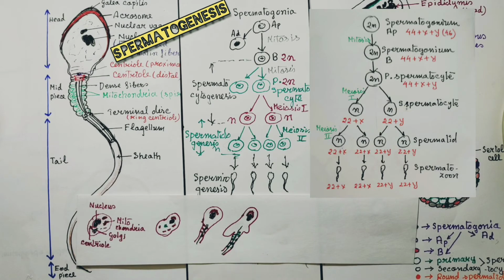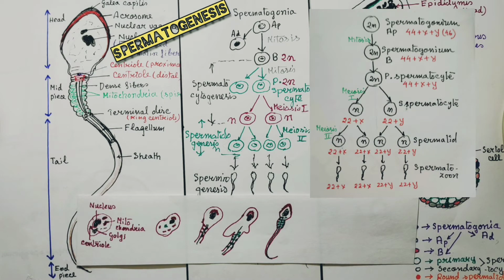This is the excess cytoplasm, which is not required. Next is the maturation phase, and that is the complete spermatozoon. The excess cytoplasm is phagocytosed by the Sertoli cell. So this is the diagram of spermiogenesis. Hope it is clear to you now.